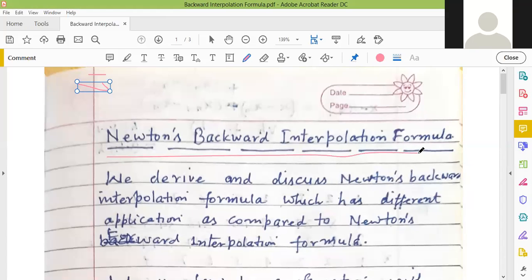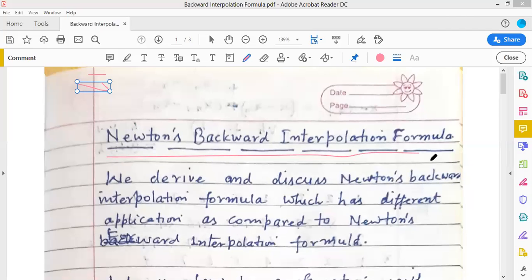So this is a method through which we can address the issues we raised during the introduction of the backward interpolation formula.